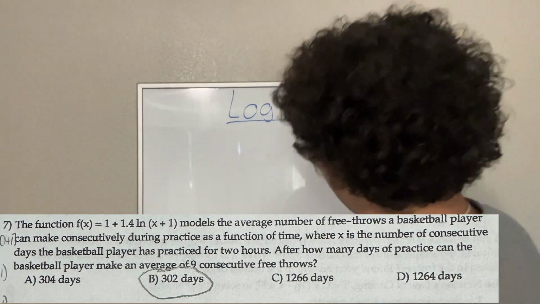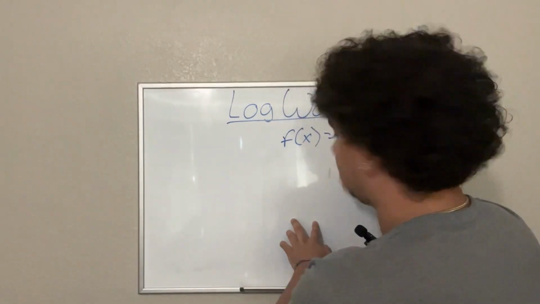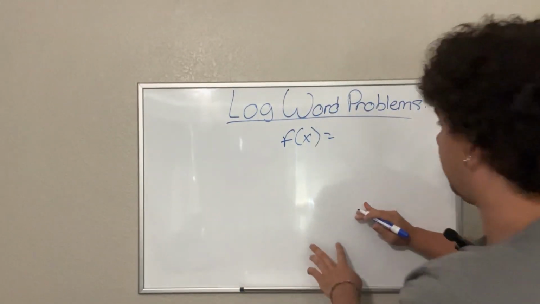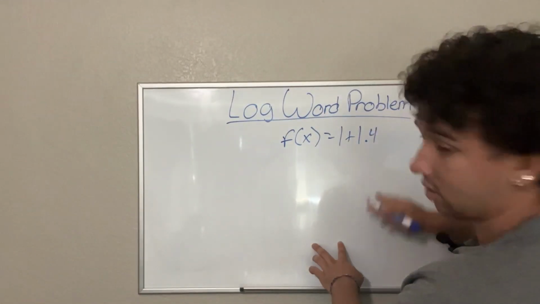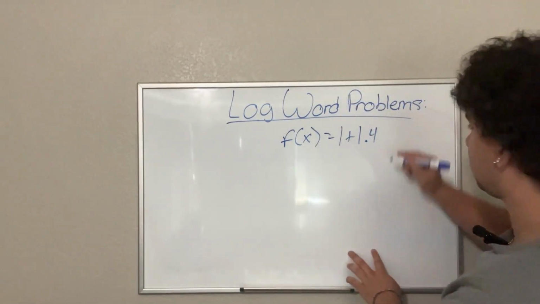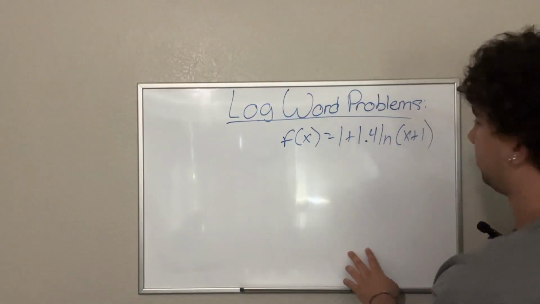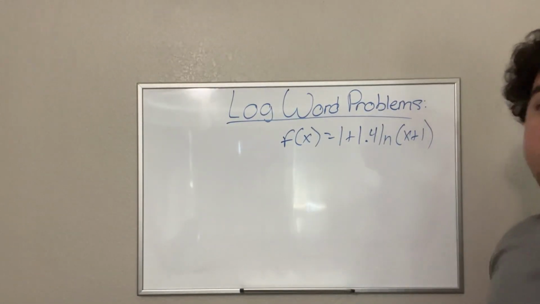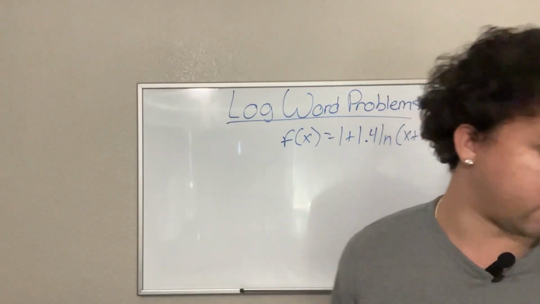All right, so our equation is given. f of x equals 1 plus 1.4 natural log of (x plus 1). Now, in order to answer this, we have to ask ourselves again, what does it give us, and what are we looking for?